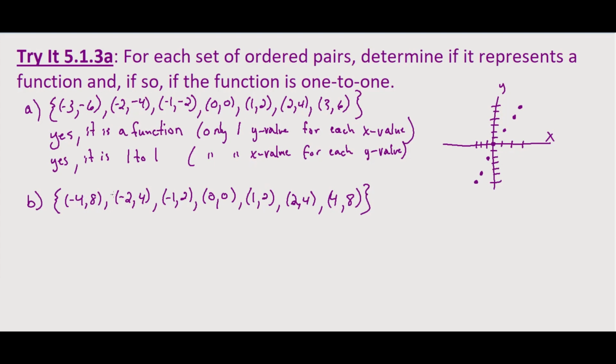We have (-4, 8), (-2, 4), (-1, 2), (0, 0), (1, 2), (2, 4), and (4, 8). So is there only one y value for each x value? Is there only one output for each input? So are any inputs repeated? We have -4, -2, -1, 0, 1, 2, 4.